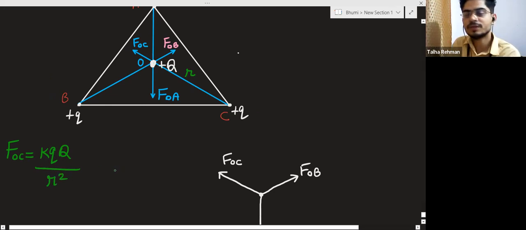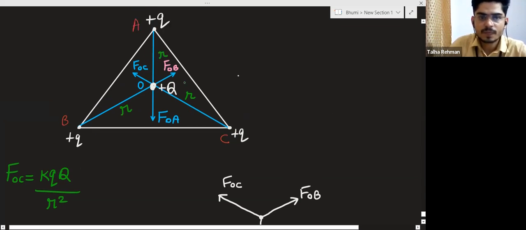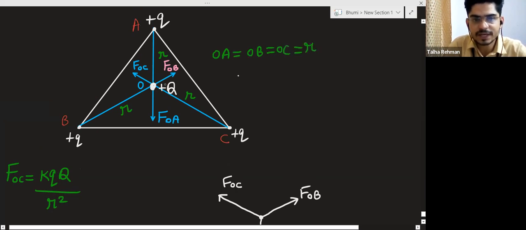Have you understood, Bhumi? Yes, sir. I have just calculated the force between this charge and this charge, and the distance between these two charges is R. And again here also the distance is same, and here again the distance is same. So you can write here OA is equal to OB is equal to OC is equal to R, because this is the centroid of the triangle.